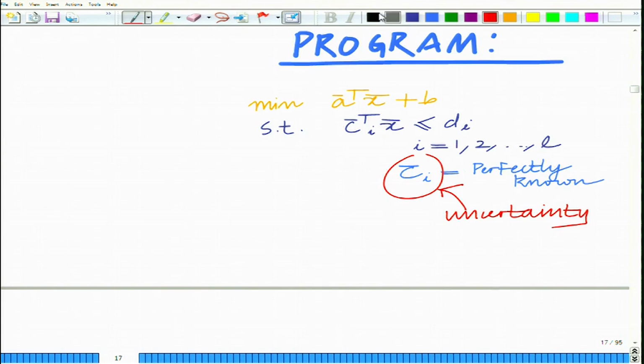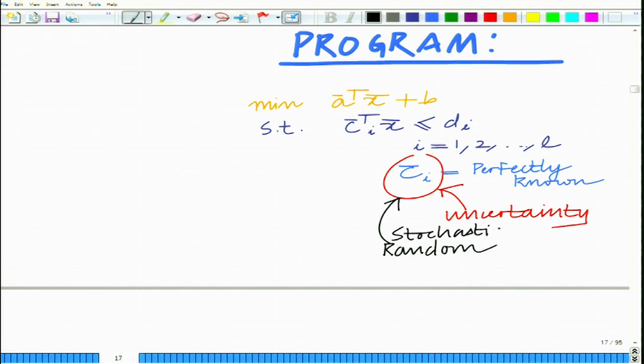One practically useful model for such scenarios where there is uncertainty in c bar i is to assume that these c bar i's are random in nature. This also gives rise to a stochastic version of this linear program.